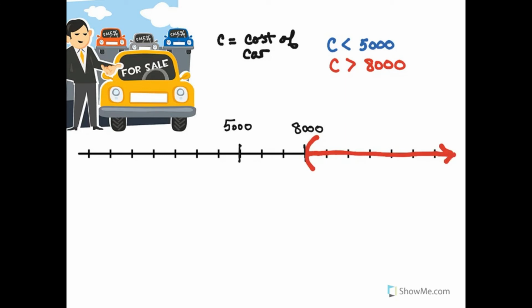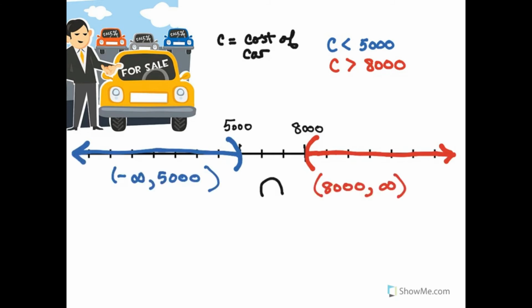If we shade the interval less than $5,000, it's this blue interval. If both of these inequalities need to be true at the same time, there is no solution. There are no cars on the lot that are less than 5,000, which is the most that you can afford. So the answer to this compound inequality is that there are no solutions, and we write that with the symbol empty set. No part of the line is shaded both blue and red.